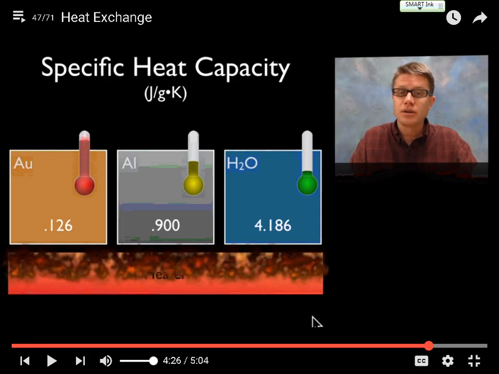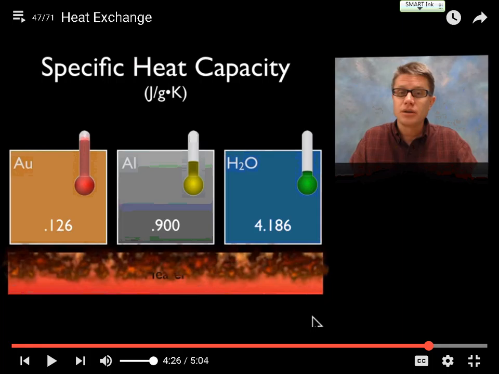If I call that 0.1 joules, and I absorb 1 joule, with a specific heat capacity of 0.1 joules, it's going to increase by 10 degrees Celsius. Whereas this 1 joule, how much is that really going to increase the water's temperature? Barely any, 0.25 degrees Celsius, because it needs 4 joules of energy to increase every 1 gram by 1 degree Celsius or Kelvin.